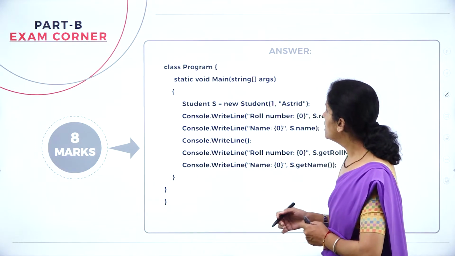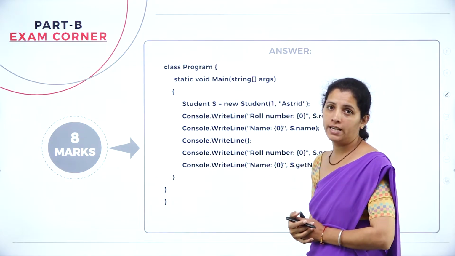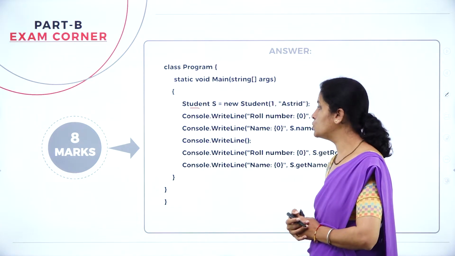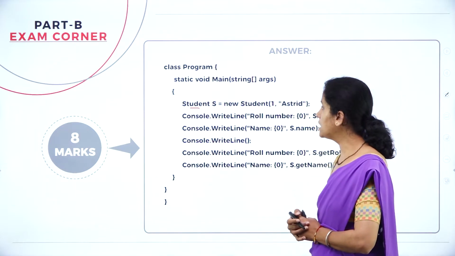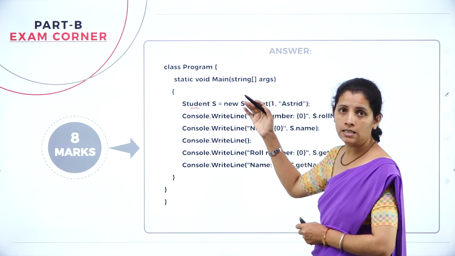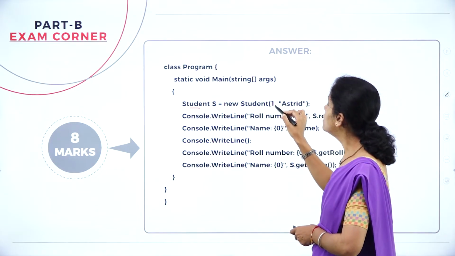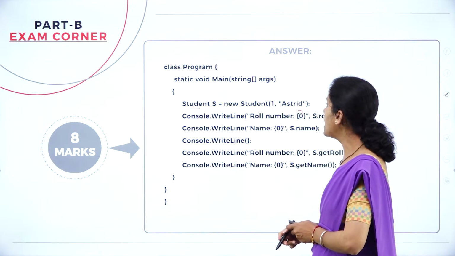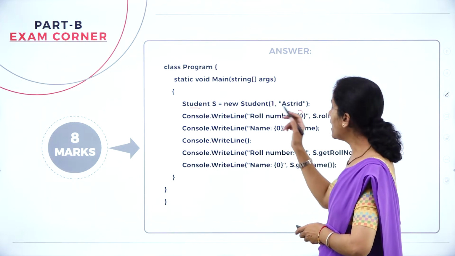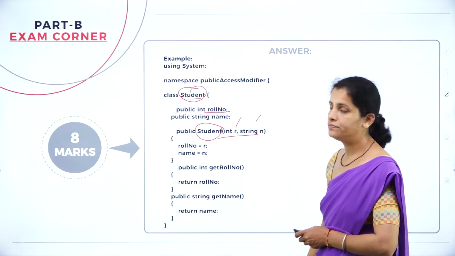And see here, I'm going to create the object of the class Student. When I create the object, at the same time, the constructor is going to initialize, and the value 1 and asterisks are assigned to R and string.